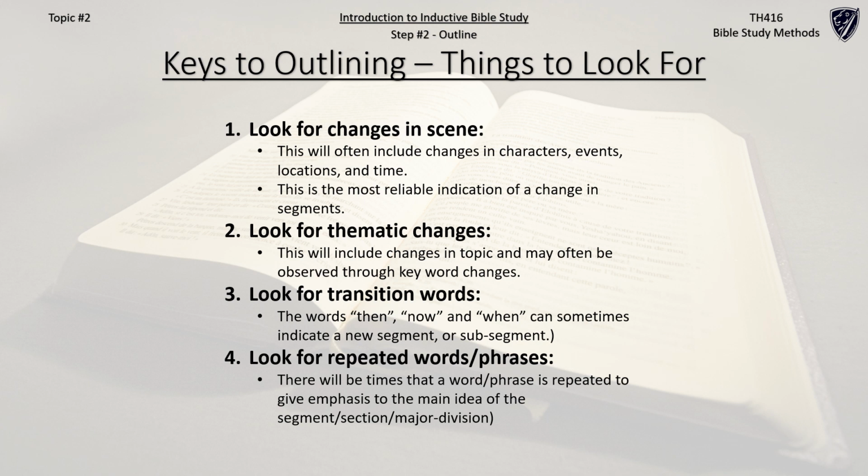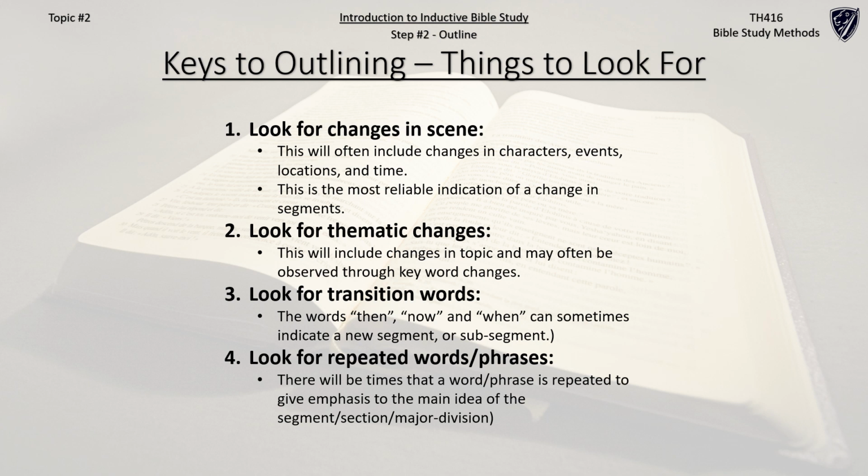Another passage is, for example, in the book of Romans. When you're looking at chapter 7, you see a lot of the word law. You also see a lot of the word I, the personal pronoun I. Of course, it's actually part of the verb sometimes in the original Greek, but you see a lot of it in the English translation. And you see just a lot about himself, about Paul.